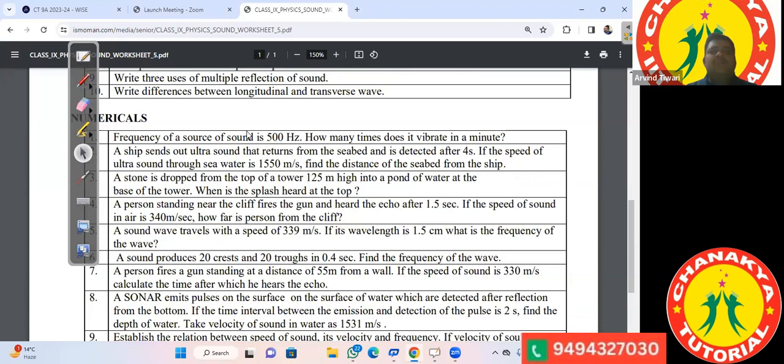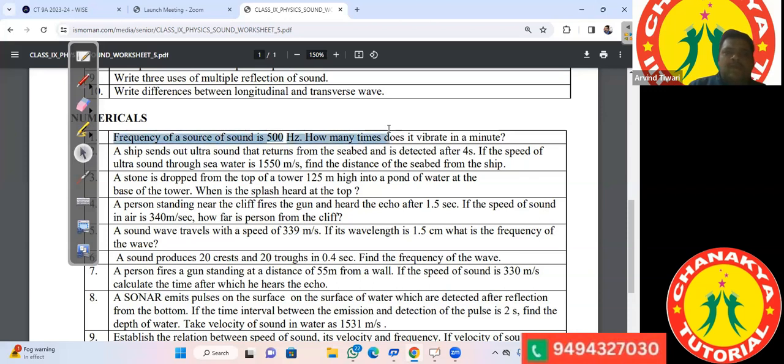See this numerical. Frequency of a source of sound is 500 hertz. How many times does it vibrate in a minute? So let's see.